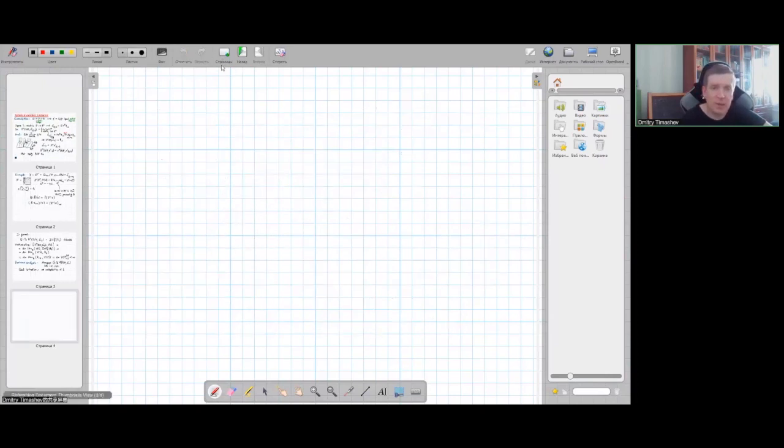So let me turn the page. And now I shall explain what spherical homogeneous spaces are.